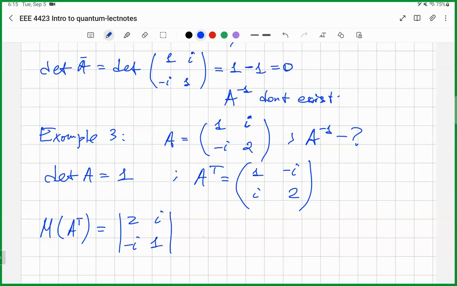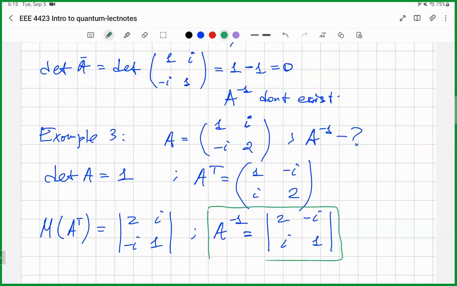And finally, for the inverse matrix, 1 over determinant is 1, and then for the first element we get plus 2, then minus i, then plus i, and then 1. So this is the inverse matrix.